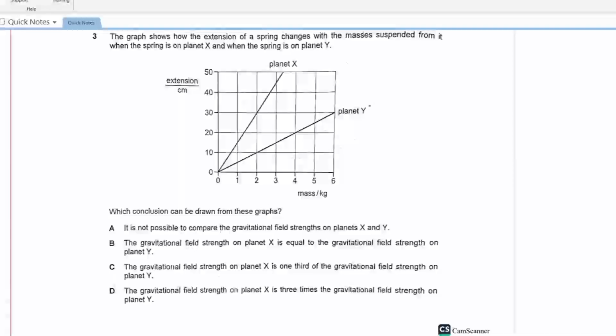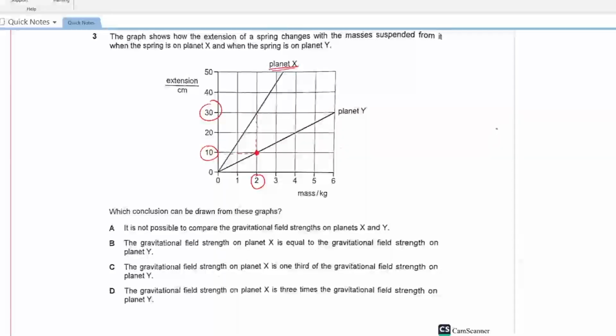If you focus closely, the same mass of 2 kg is causing an extension of 10 on planet Y and an extension of 30 on planet X. So that means the same mass is causing thrice the extension on planet X.